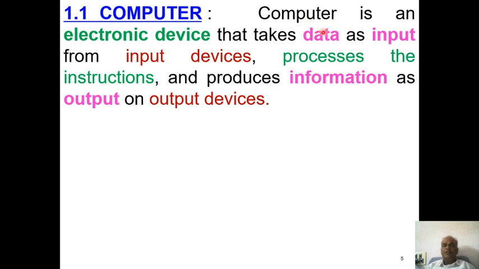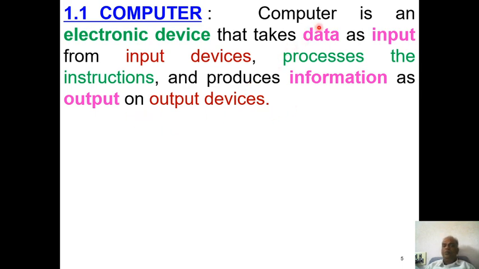So a computer is an electronic device that takes data as input from different devices called input devices, processes the instructions, and produces information as output on output devices.